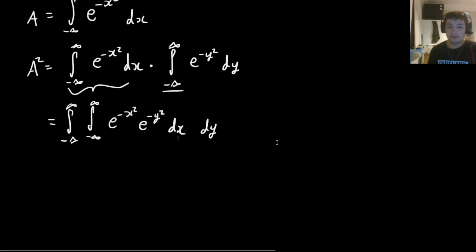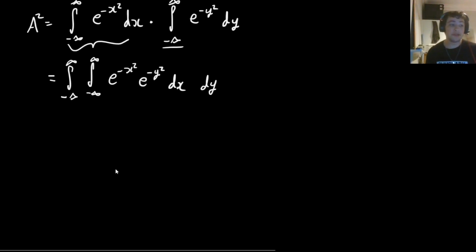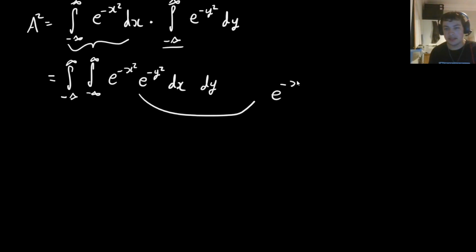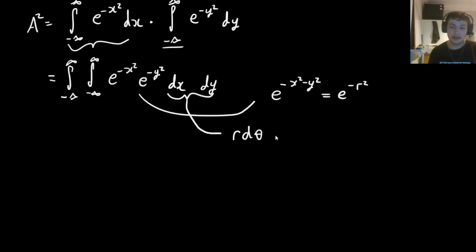We're happy with that. Now this we can redo in polar coordinates, so this term here, e to the negative x squared minus y squared, equals e to the negative r squared. Remember, in polar coordinates r squared is x squared plus y squared, and change of variables to polar coordinates, dx dy is r dθ dr. Okay, so I'm not going to go into this.